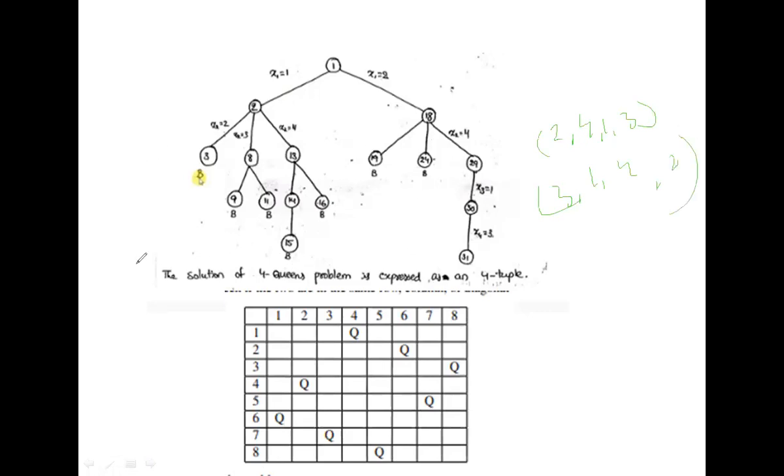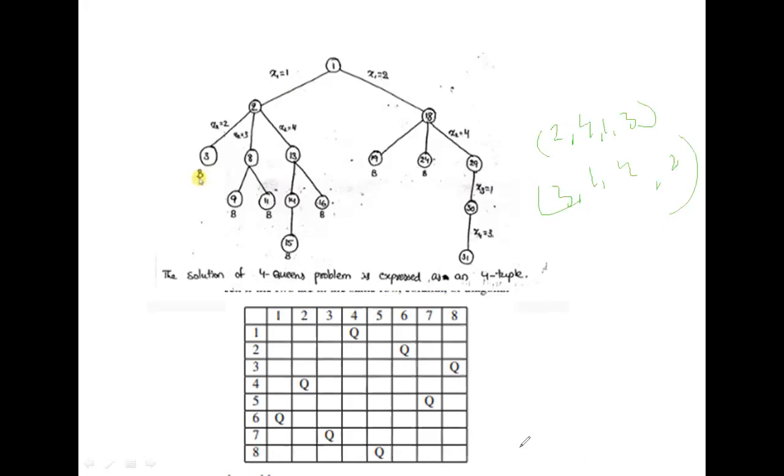So if you want to place 8 queens on an 8 by 8 chessboard, one of the solutions is this one.